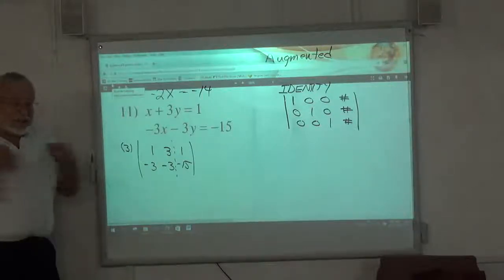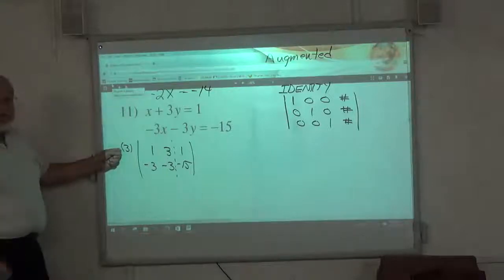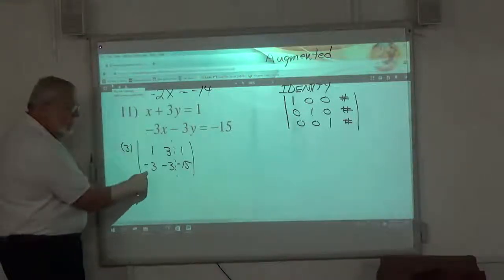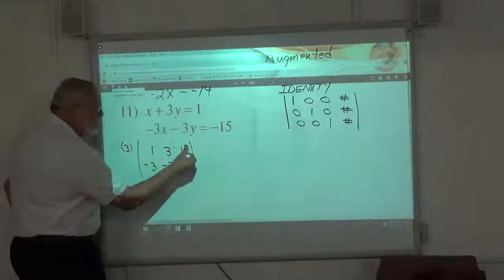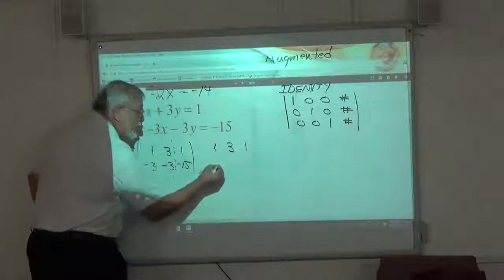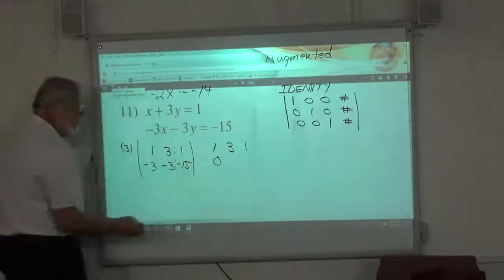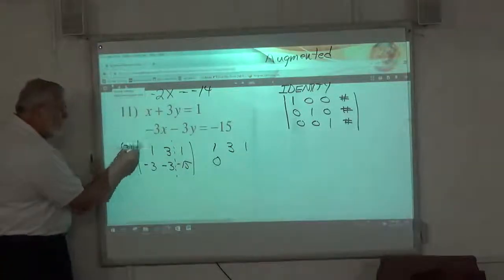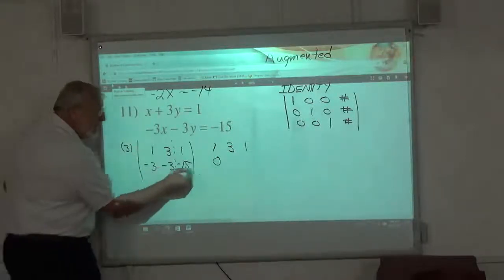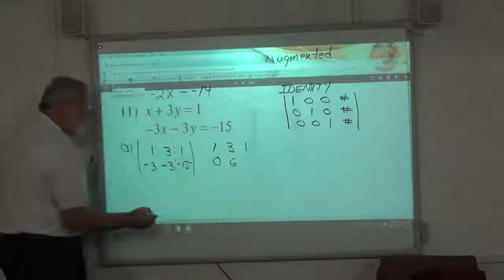That's the skill that you're learning, right? So I put this here so I can see it. What is 3 times 1 minus 3? 0. Well, I still want my original. Now I have a 0 here in the new equation. Now what is 3 times 3 minus 3? 6.